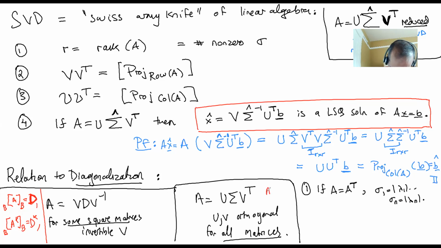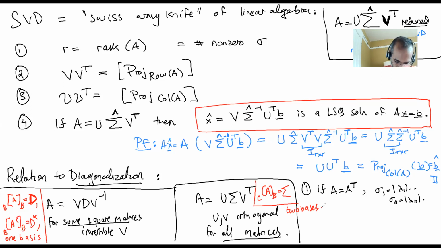So the interpretation is if you write A with respect to a pair of orthonormal bases, then it's kind of diagonal. But you have two bases here, and here you have one basis. So that's what you pay. So it's not a substitute for diagonalization. It's just a different thing.